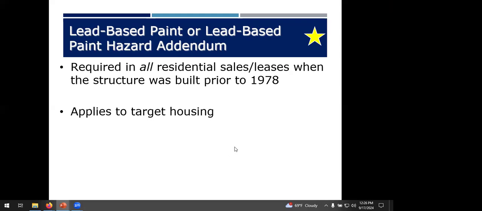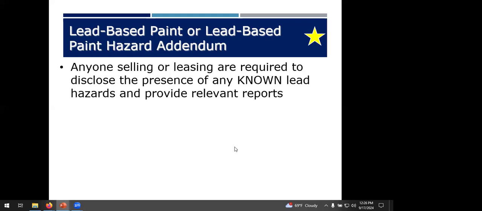So with lead, anyone selling or leasing, the addendum says the seller or the owner of a property has to disclose if they know of lead. Now, as we get into unit 7 and 8, we're going to learn that the seller, the owner, doesn't have to disclose much.